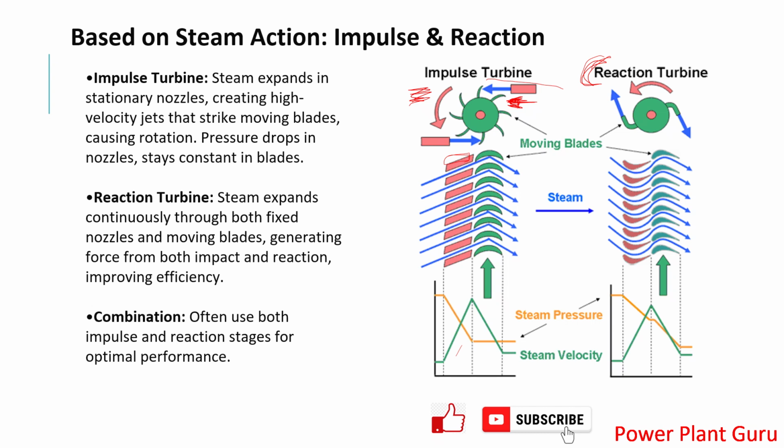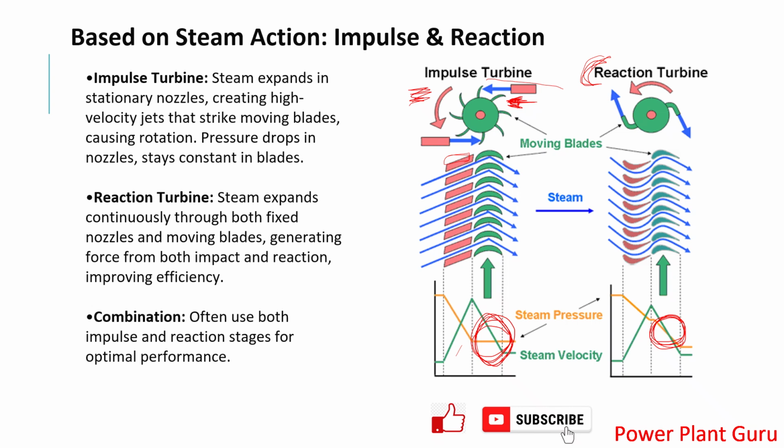So here the difference is on the moving blade side, where your pressure is also reducing, while in an impulse type, in the rotating blade, there is no change in the steam pressure. So that is where there is a change.